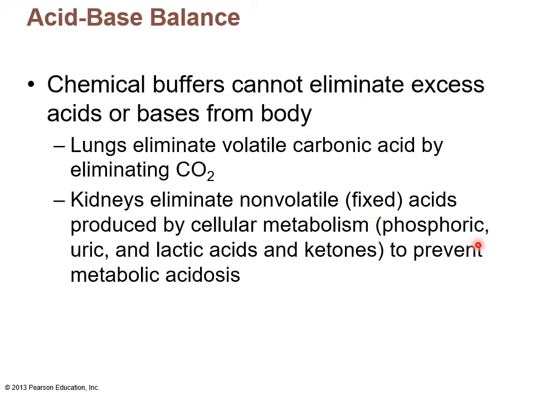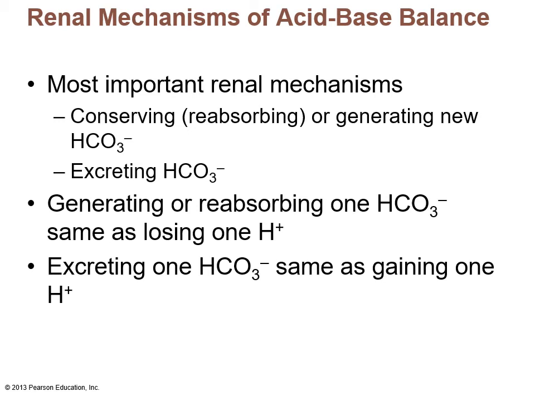They can get rid of phosphoric acid, uric acid, lactic acid, and ketones to prevent metabolic problems, and these would contribute to metabolic acidosis. So the most important renal mechanisms are conserving or generating new bicarb, or excreting bicarb. Generating or reabsorbing one bicarb is the same as losing one H, and excreting one bicarb is the same as gaining one H.